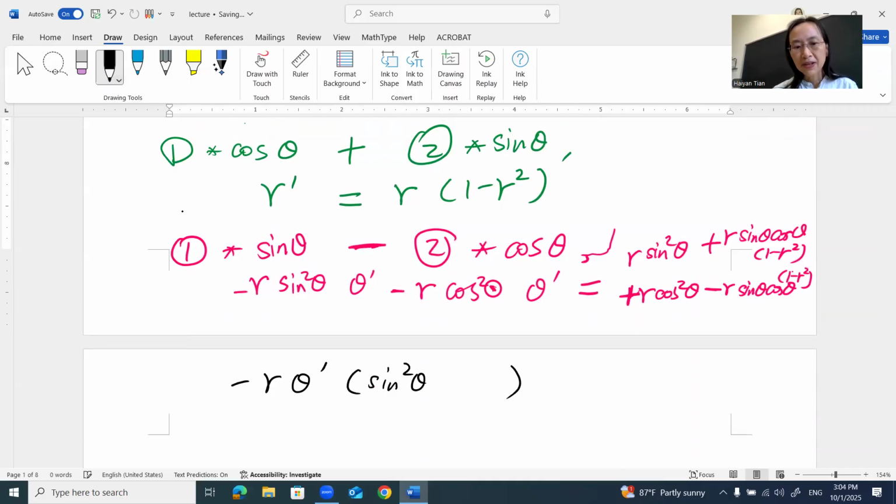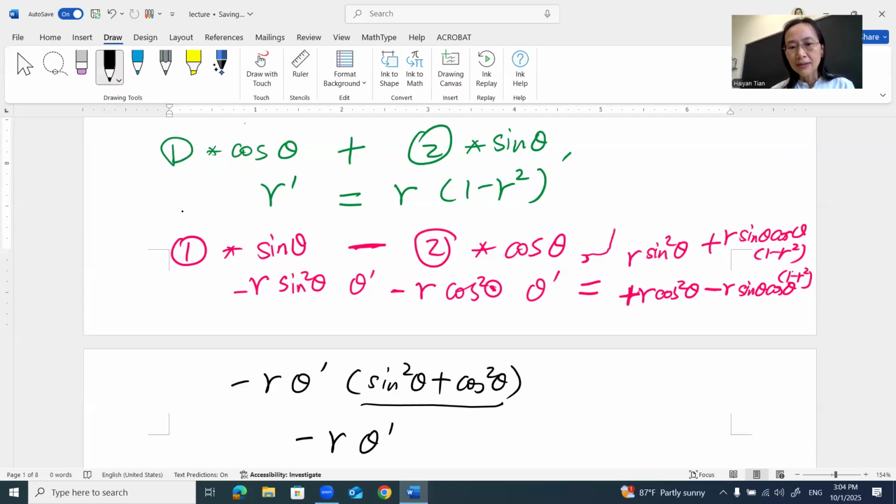So the left-hand side of the equation is simply negative r theta prime, because this part is 1 by Pythagorean identity.